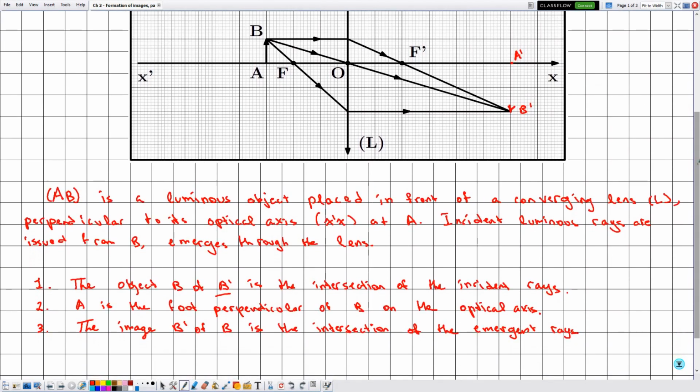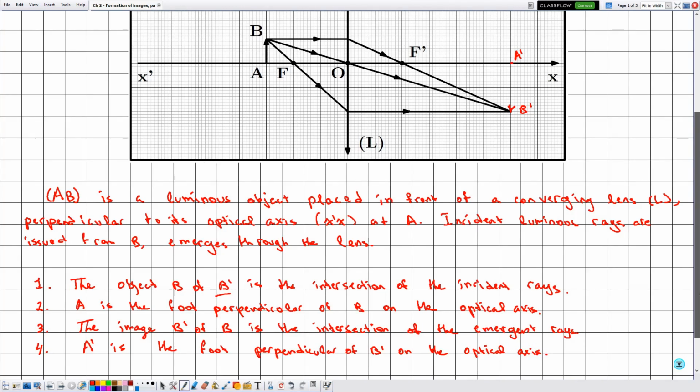And now let's write down that A prime is the foot perpendicular of B prime on the optical axis.